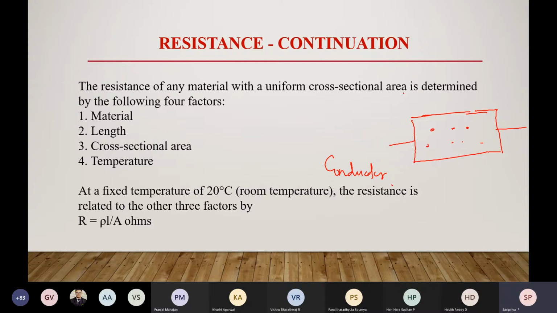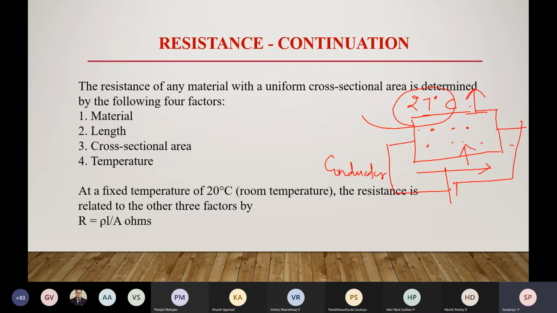When I have this conductor with external pressure or energy, if it is operated at normal room temperature, 27 degrees centigrade, there is going to be a maximum current flow. Now if this temperature is increased, what is expected to happen?